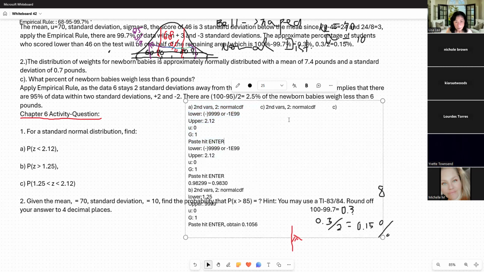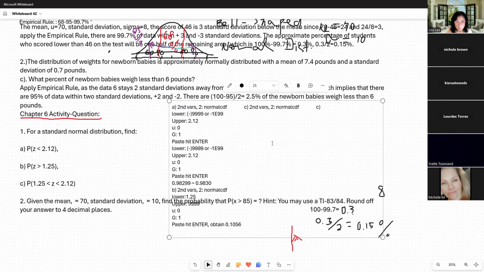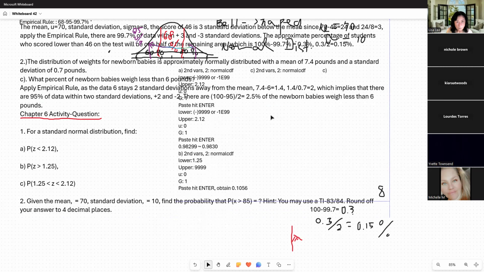Oh, they go to the other side. So the C, okay, copy again. Didn't allow me. So this is the B. They only show the B. I think I need to go down, otherwise it doesn't show here. So I have to go down and show you the C here.